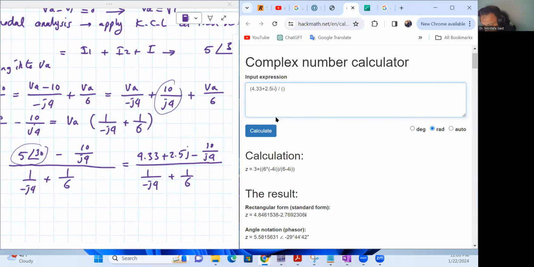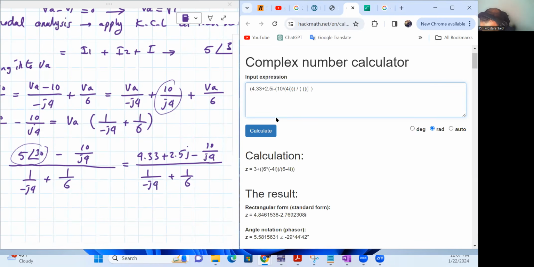Minus, we have another fraction, so put another parenthesis. 10 divided by j4, or 4i. You can also have another parenthesis. I like to do that to avoid any mistake. Then the denominator, we have two terms. One divided by minus j4, so let's make it wider a little bit.